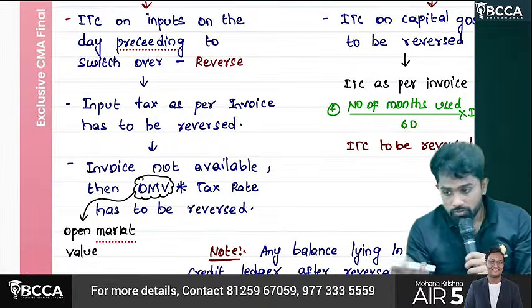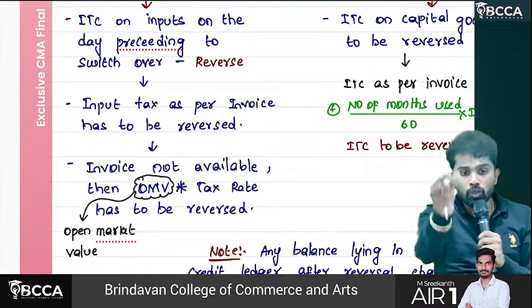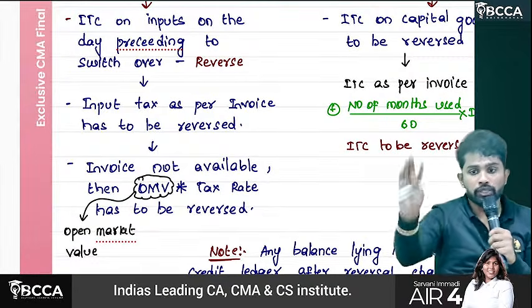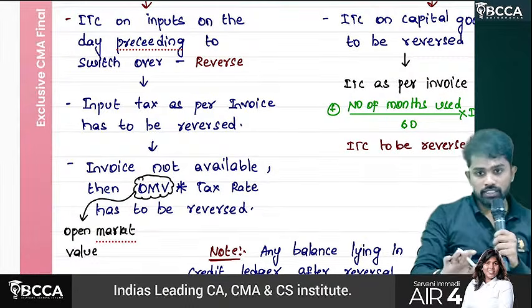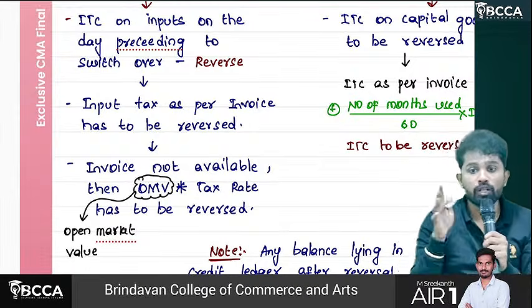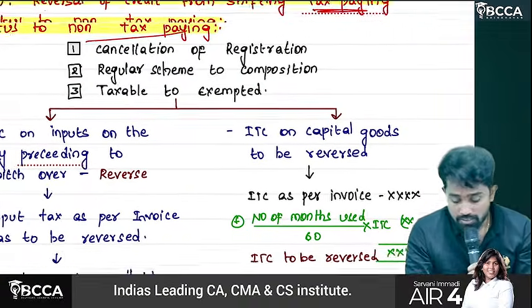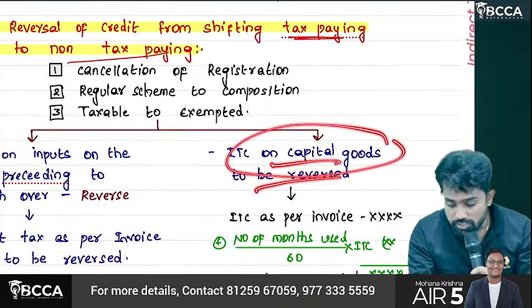Understanding, sir? When you are shifting from tax paying to non-tax paying, the closing stock relevant ITC you need to reverse. If the invoice is there, as per the invoice; if the invoice is not there, open market value into applicable tax rate, that amount has to be reversed. Even for capital goods also reversal has to be made.